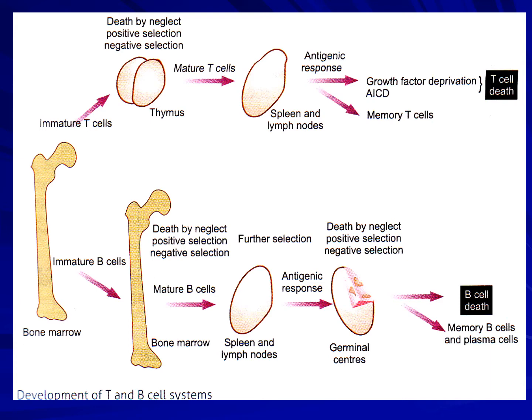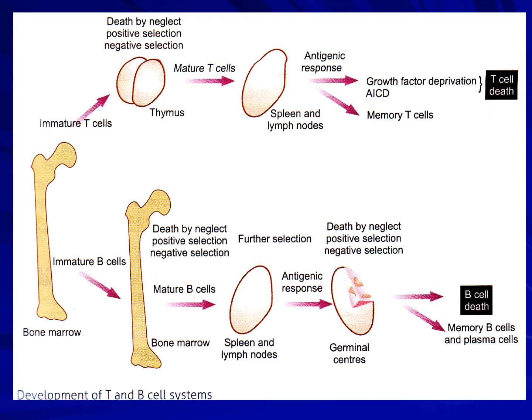After these three take place, these B cells go and enter into the spleen and the lymph nodes. There, based on the antigenic response and how they respond to that antigen from their germinal cells, again by the same process, death by neglect, positive selection and negative selection, either there will be a cell death, that is a B cell, suppose it is non-functional, but if it's a functional B cell, it will get converted into a memory B cell and plasma cells, and it is these plasma cells which start producing the antibodies.